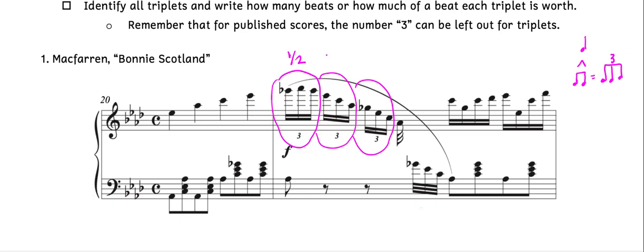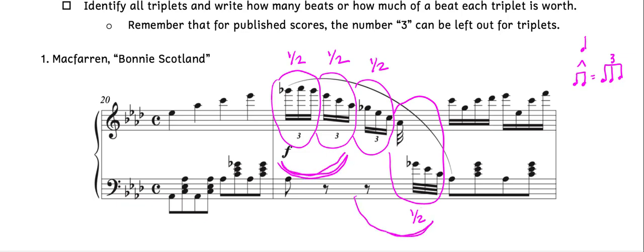So each one of these is going to be worth half. That means this group of 4 is also worth half a beat. So that makes beat 1 here, and then beat 2 here. Then we have beat 3 here, and beat 4 here.